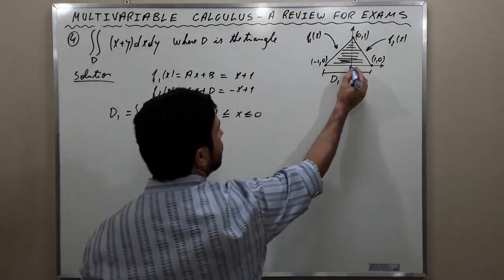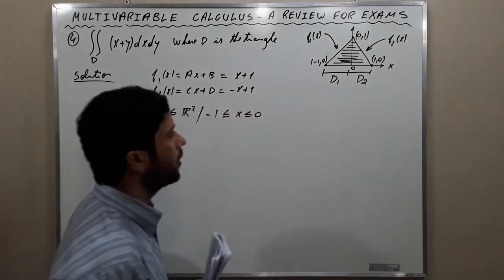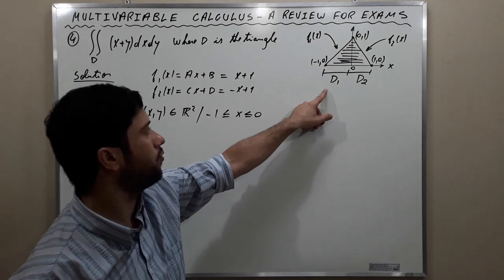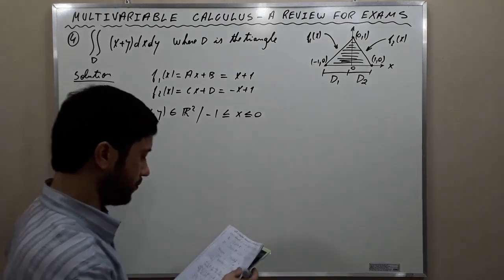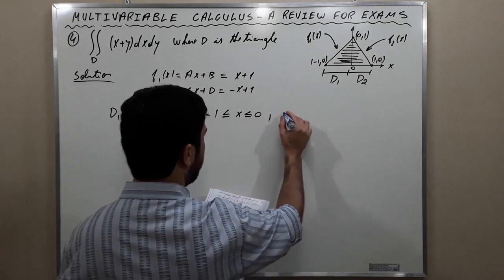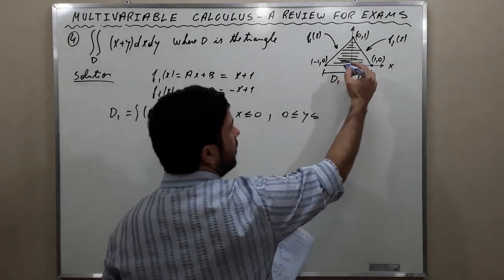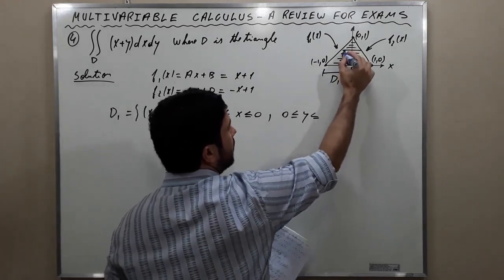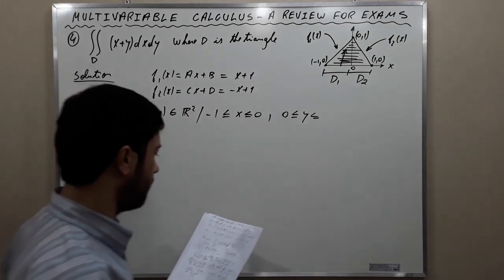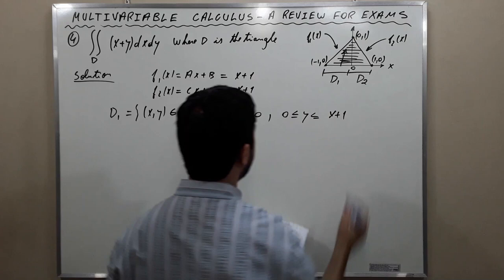This is the x-axis. In the region D1, x varies from -1 to 0, and y varies from 0 to the function. Here, the function is f1 of x, and f1 of x is x plus 1.